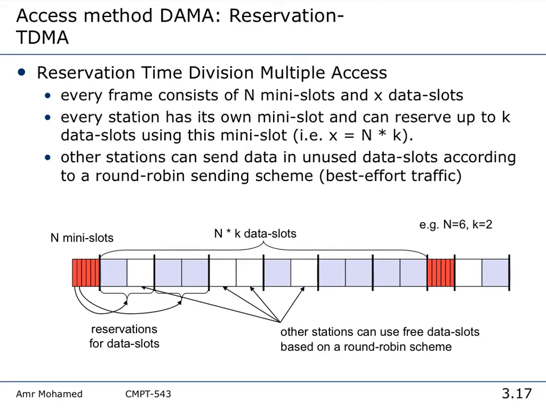And this allows only k time slots to each node. That means maximum k time slots. It can allot k to one and k minus 1 to another and k minus 3 to another, like that? Not k plus 1, no. K minus 1, yes. So here, in the reservation TDMA, each node is allowed to request a maximum of k time slots, which means that it could be less than k.